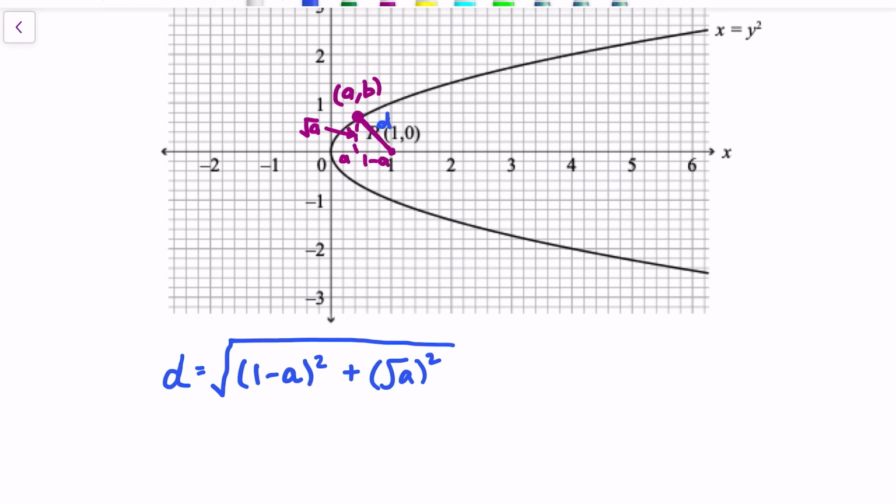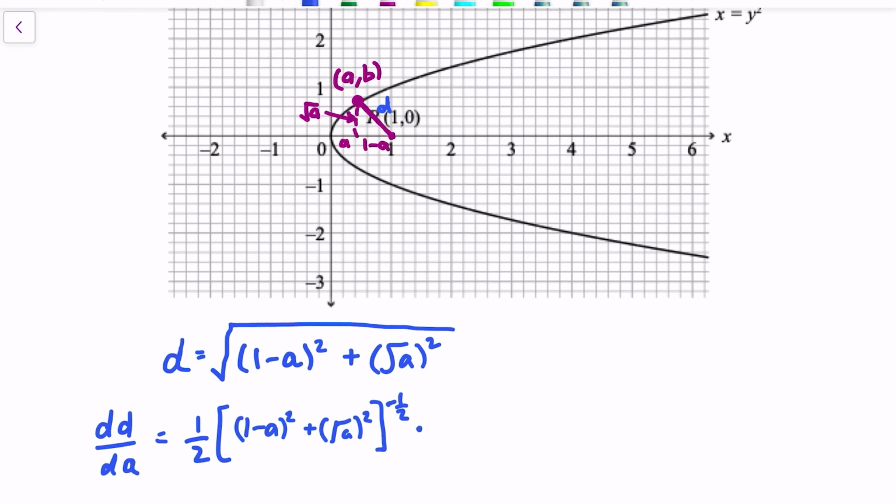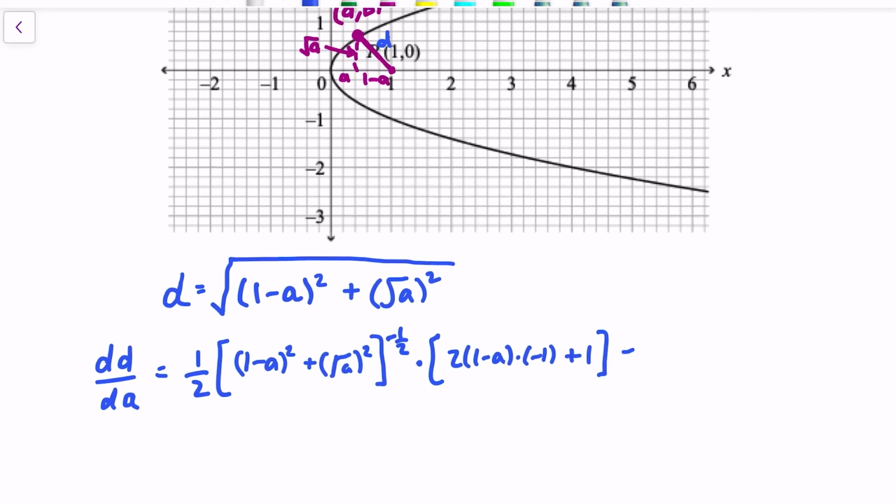So if I differentiate this one, I've got dd/da, the derivative of the distance function. I've got a half, because it's a power of a half, times (1 minus a) squared plus (root a) squared to the power of negative a half, times the inner derivative, which is 2 lots of (1 minus a) times negative 1, and then the root a squared is a, so that differentiates to plus 1, and I'd make this equal to 0.